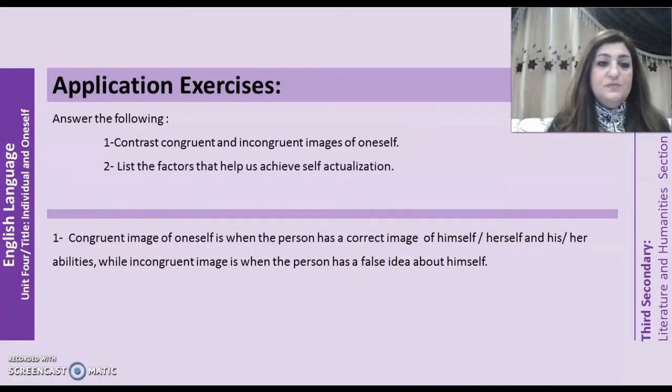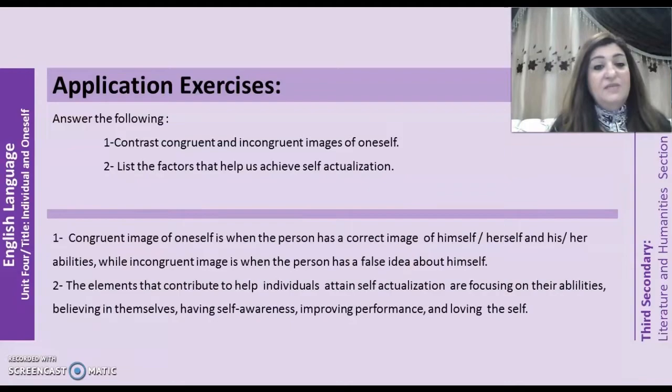Question 2. List the factors that help us achieve self-actualization. Come on, dear. I mentioned 5 factors which help us achieve self-actualization. Let us remember them together. The elements that help individuals attain self-actualization are focusing on their abilities, believing in themselves, having self-awareness, improving performance, and loving the self.